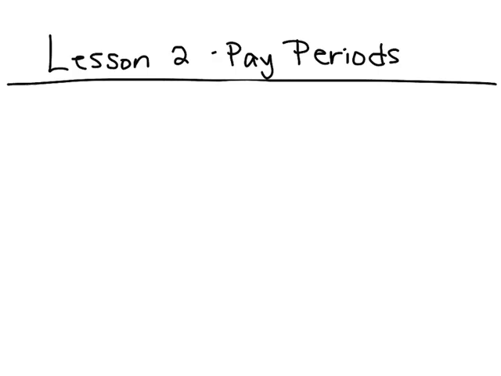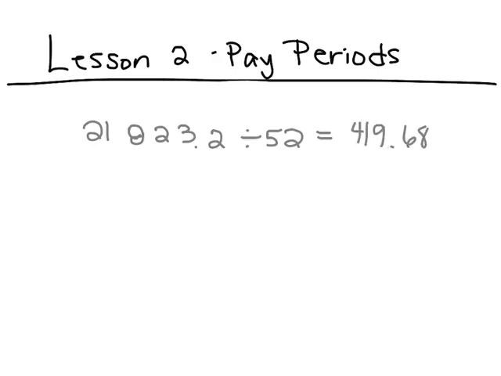If Penelope makes $10.50 an hour and makes $21,823.20 a year, how many hours does she work on average per week? So we want to figure out per week. So we're going to go 21,823.20, and we're going to divide it by 52 to find her weekly pay, which is $419.68.